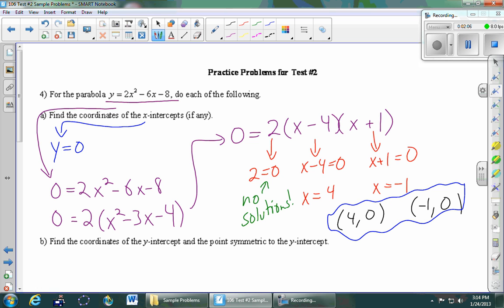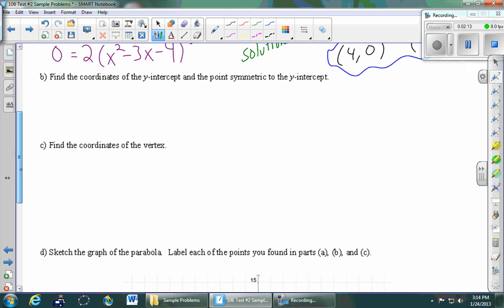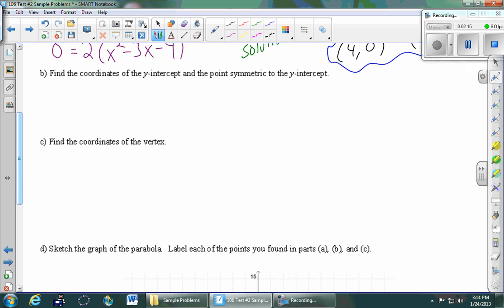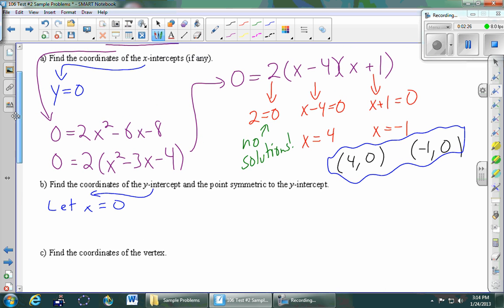Part B, find the coordinates of the y-intercept and the point symmetric to the y-intercept. Okay, so to find the coordinate of the y-intercept, we're going to let x equal 0. So again, we're going to copy that original equation.